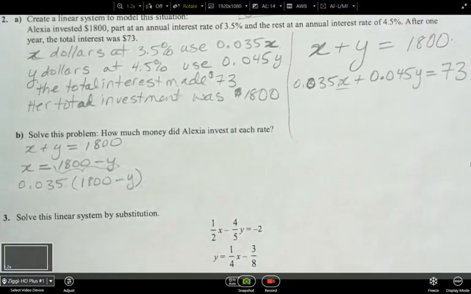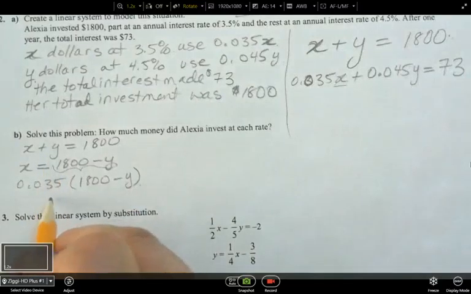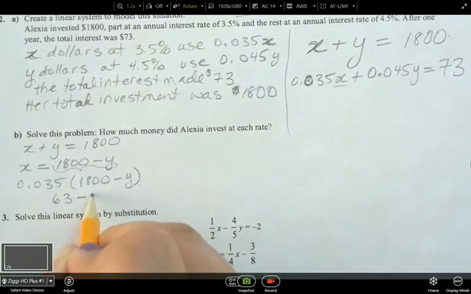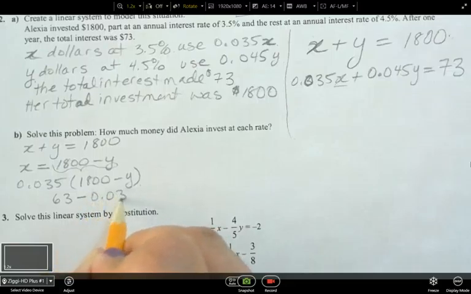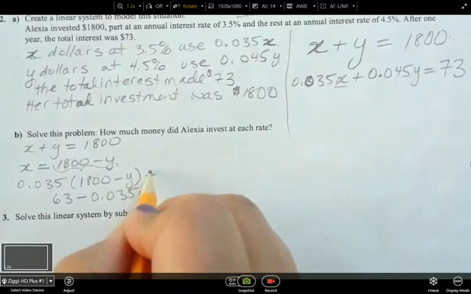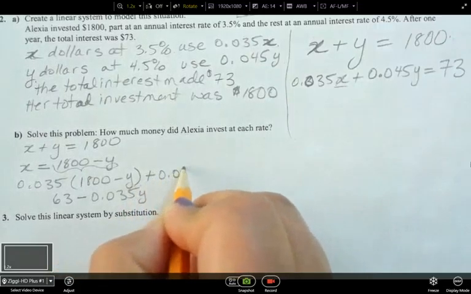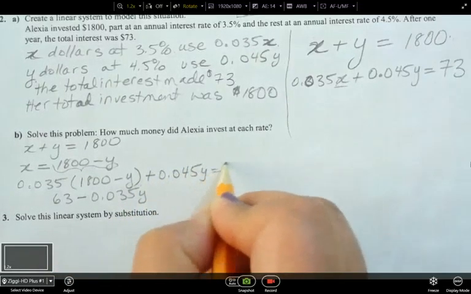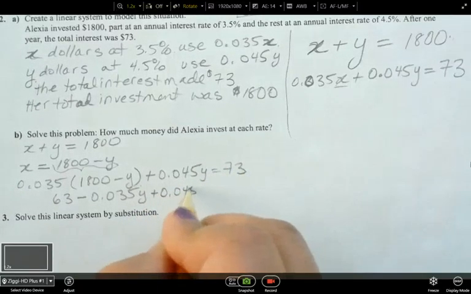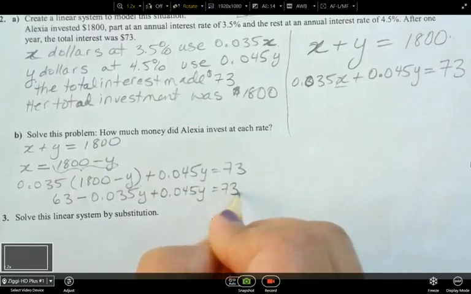So 1,800 times 0.035 is 63, and then minus 0.035y. I need to finish writing the rest of the equation down, hey? Plus 0.045y equals 73.